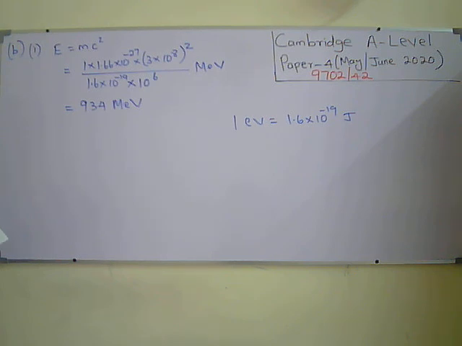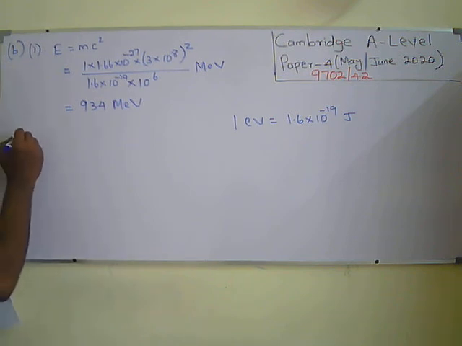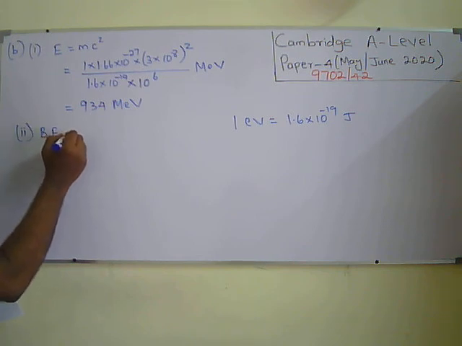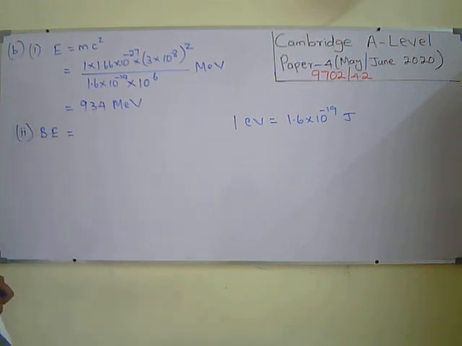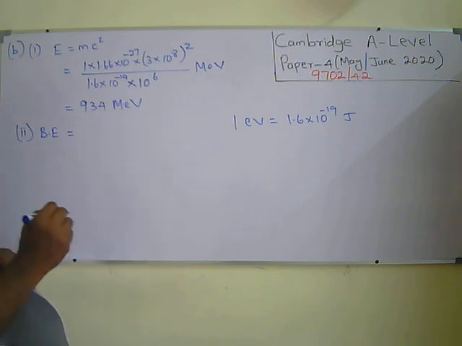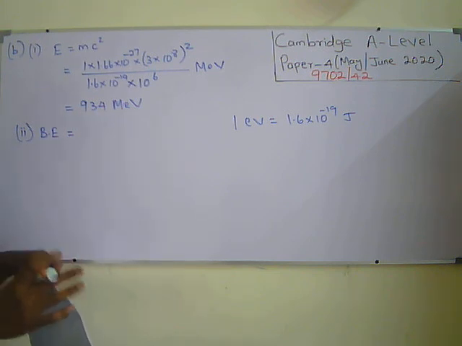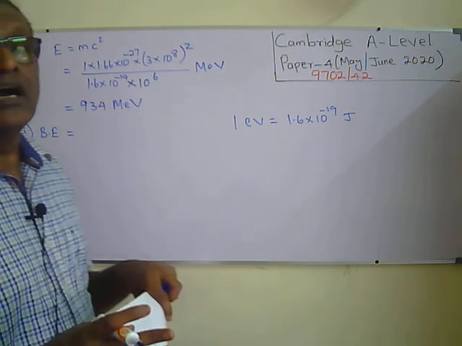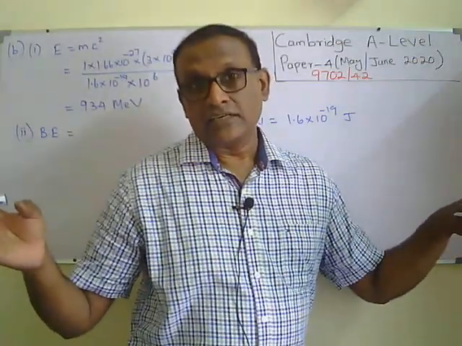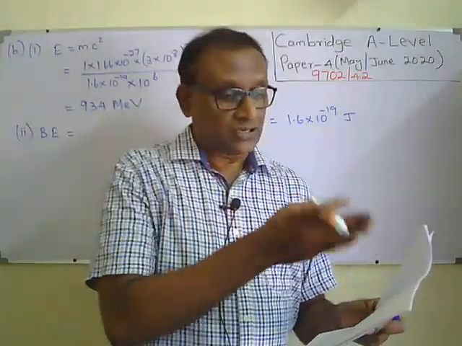Okay, second part: find the binding energy per nucleon of the helium-4 nucleus. We'll find the binding energy of the helium nucleus first. We should find the total mass of the nucleons when they are free, at infinite distance. That is given in the table.